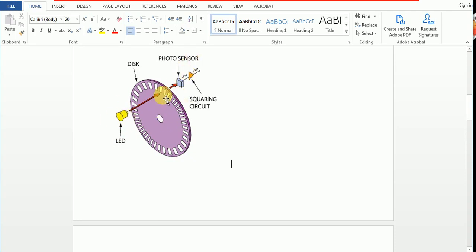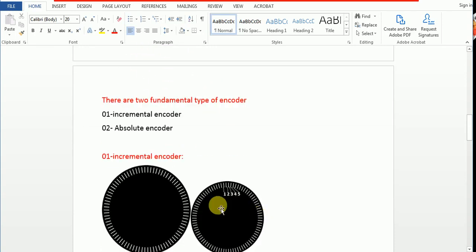Every slot will give one output signal, and our counter in the PLC will count the pulses. For example, this slot gives value 1, this slot gives 2, and the counter will count 2, 3, 4, 5, 6.